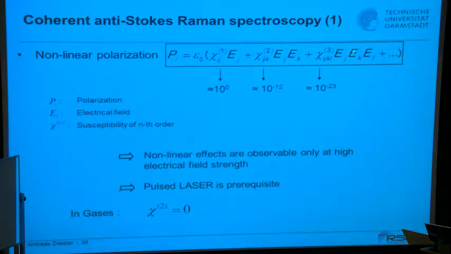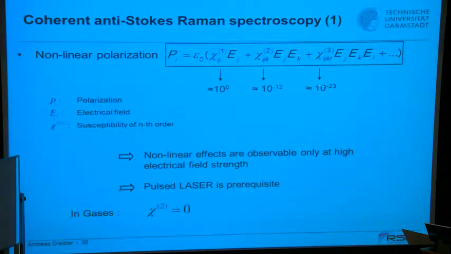That's why you have 3 electrical field components that create a polarization which is not only linearly dependent on the disturbance, but responds with a third order. And that means this molecular property, this chi3 tensor, is the important quantity which is molecule specific.